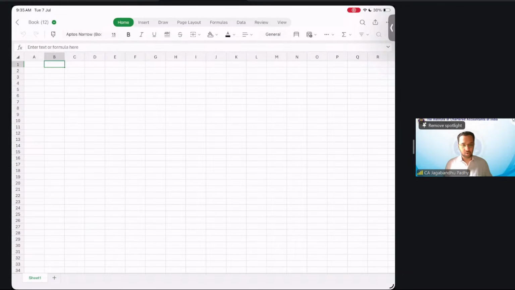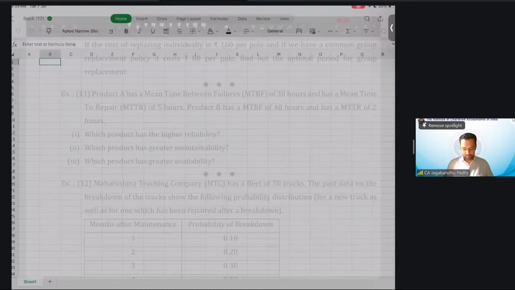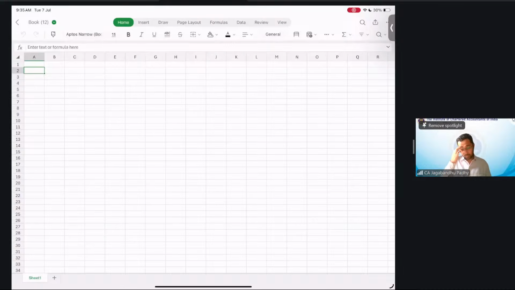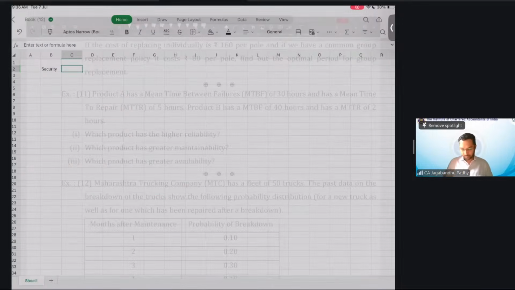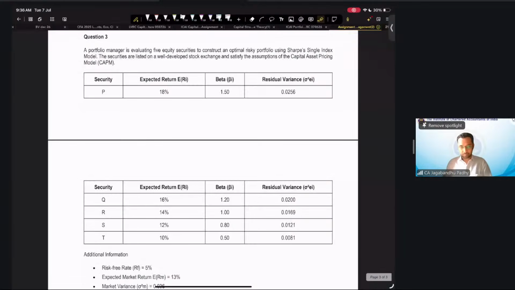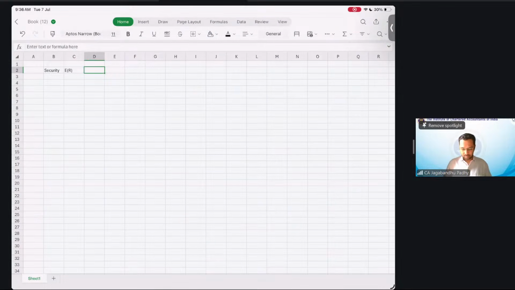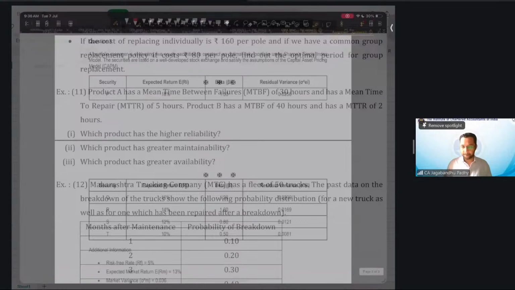We have securities, the expected return, and we have beta.